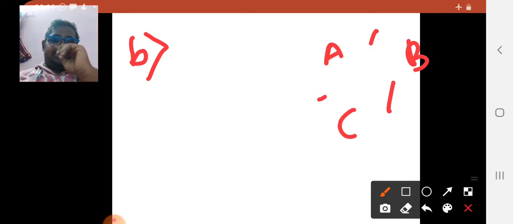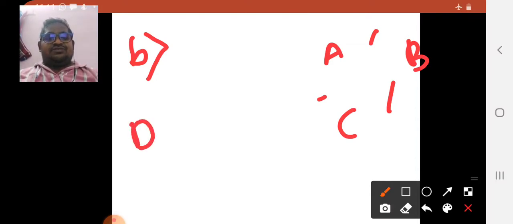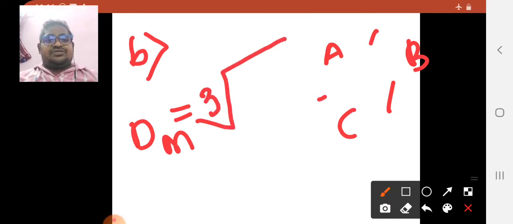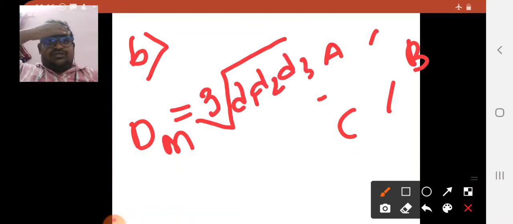If 3 distances D1, D2, D3 are there, then what is the mutual GMD? DM is equal to the cube root of D1 D2 D3. Yes, we got this?